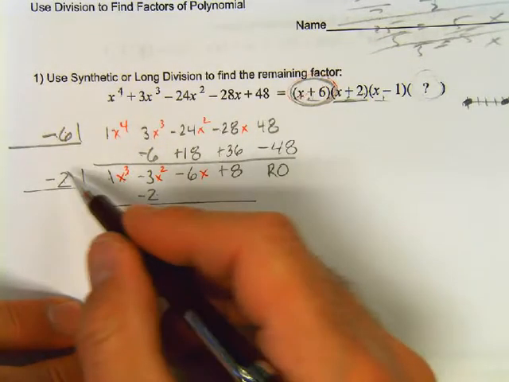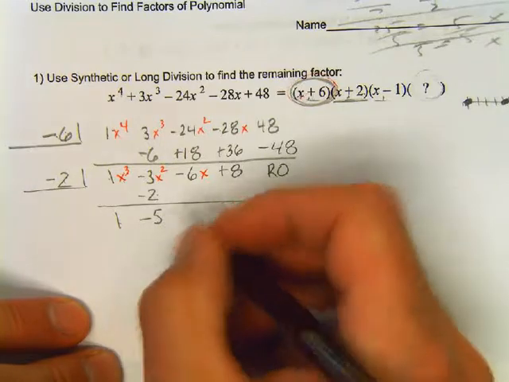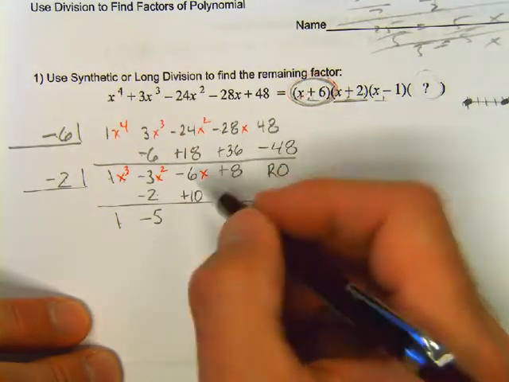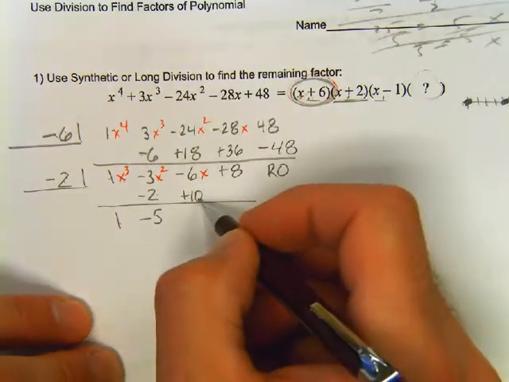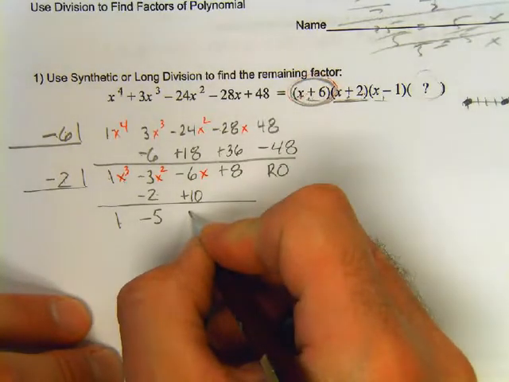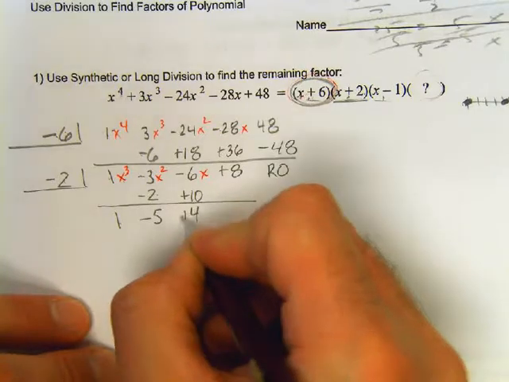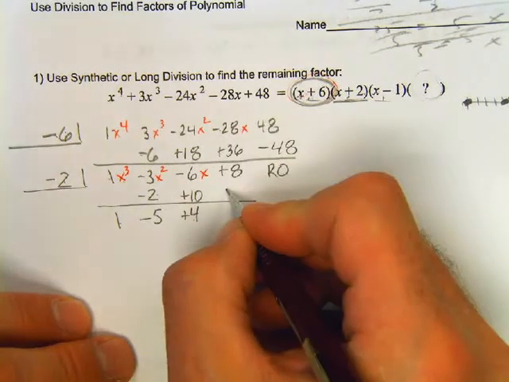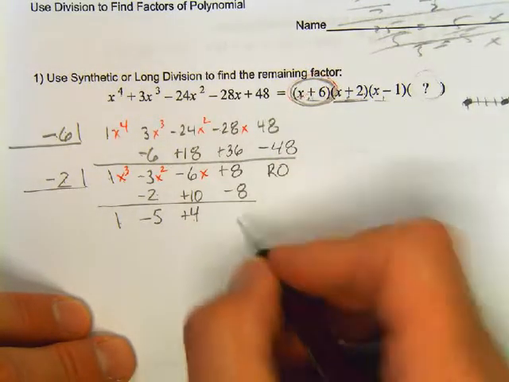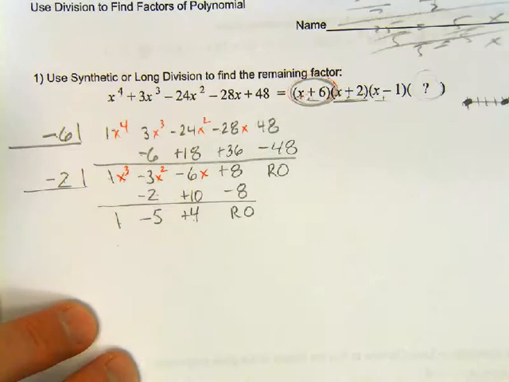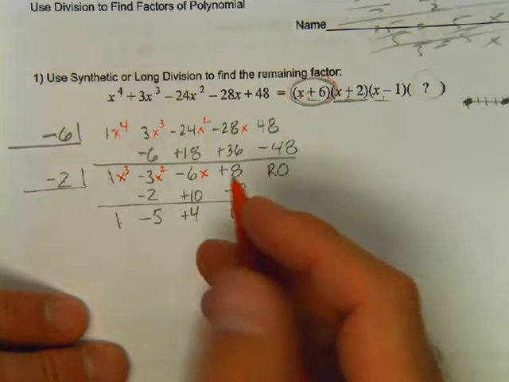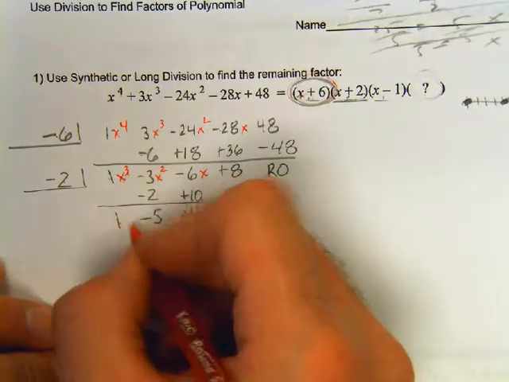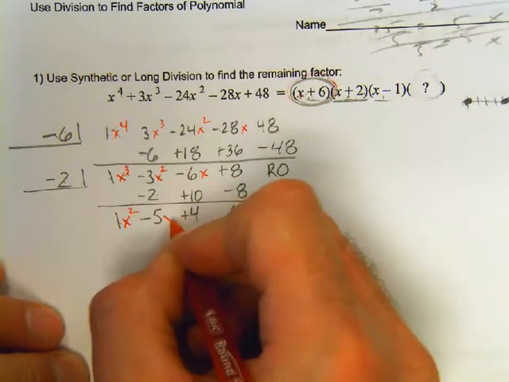Negative 2 times negative 5 is positive 10. Negative 6 plus 10 is positive 4. Negative 2 times 4 is negative 8. Remainder 0. So what we did here is we had a cubic, we divided by a linear, and now we have x squared minus 5x plus 4.